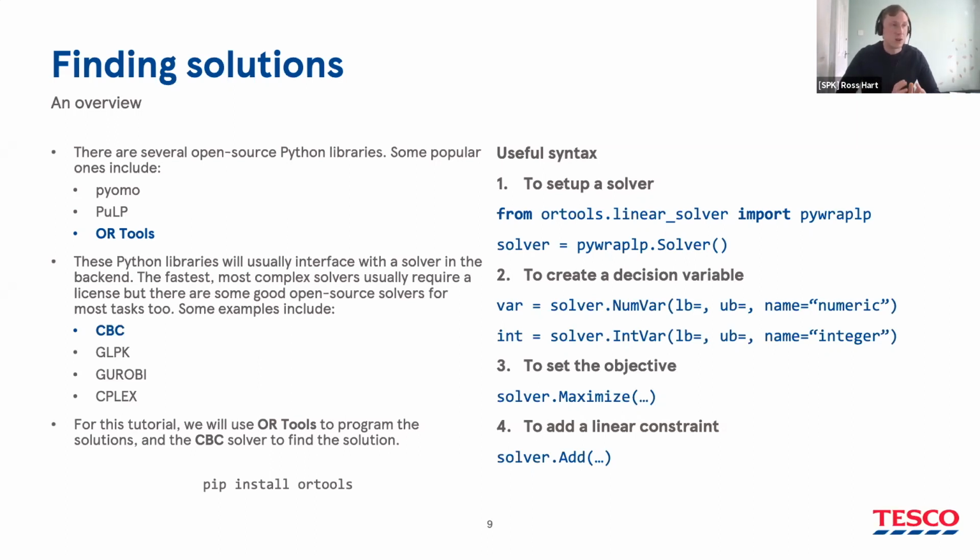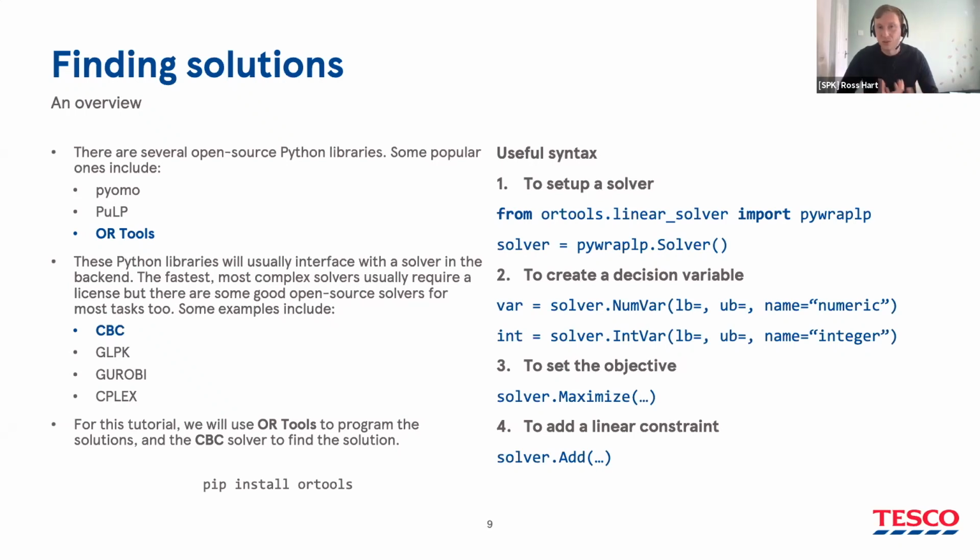But before we move on to actually writing some code, which I'm going to do in a few moments' time, I've just put on the right-hand side here the typical syntax you'll see with Ortools. As you can see, I quite like the syntax. It's very, very simple. And everything you need really is on the right-hand side of the screen.